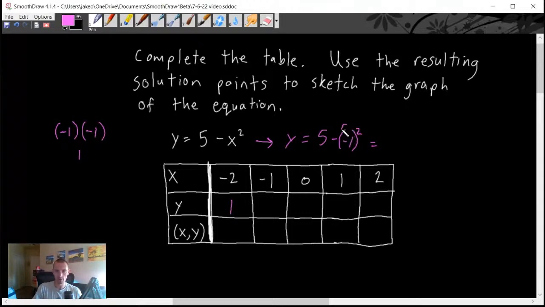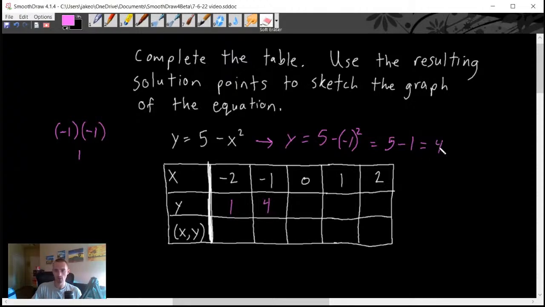So everything right here simplifies to +1. So we have 5 minus +1, so 5 minus 1, which is 4. So the y value corresponding with x equals -1 is 4.